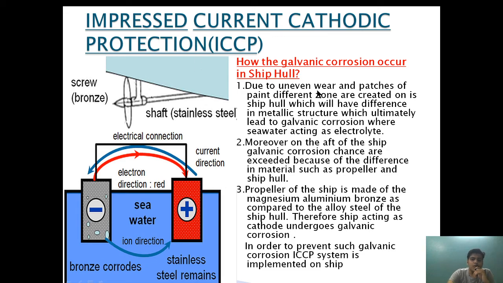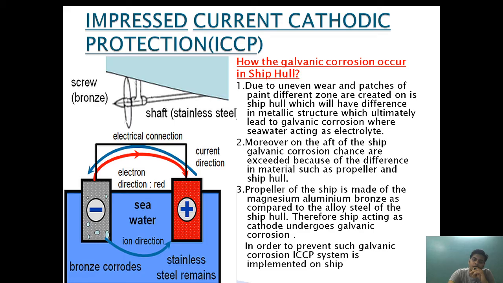Due to uneven wear and patches of the paint, different zones are created on and in the ship hull, which will have a difference in metallic structure, which ultimately leads to galvanic corrosion where the seawater acts as an electrolyte. Not only in the aft section, where there is a vast difference because of the propeller having different material and the hull having different material. At the aft, the corrosion is at a much higher rate if no preventive anode is provided.